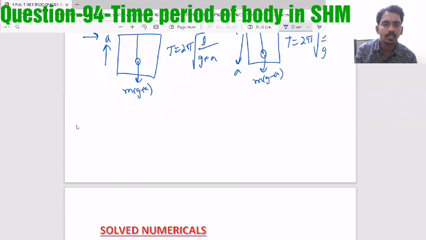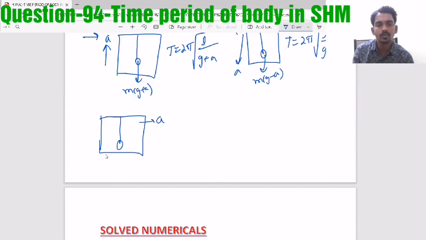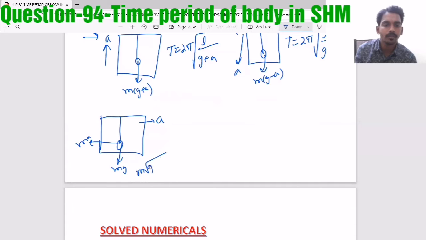Similarly, when you connect a simple pendulum to the roof of a car, then ma will act in the perpendicular direction, so that the resultant force will become m into root of g square plus a square, so that the time period will become 2 pi root L by under root g square plus a square.